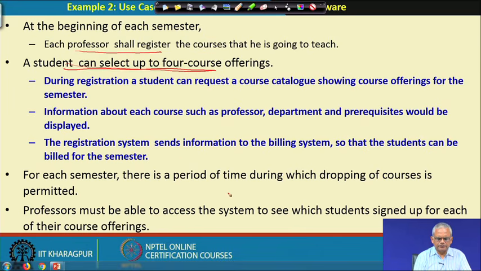The registration system sends information to the billing system. The billing system is an external software, maybe running on a different computer, or at least it is a different software, and this is also an actor.